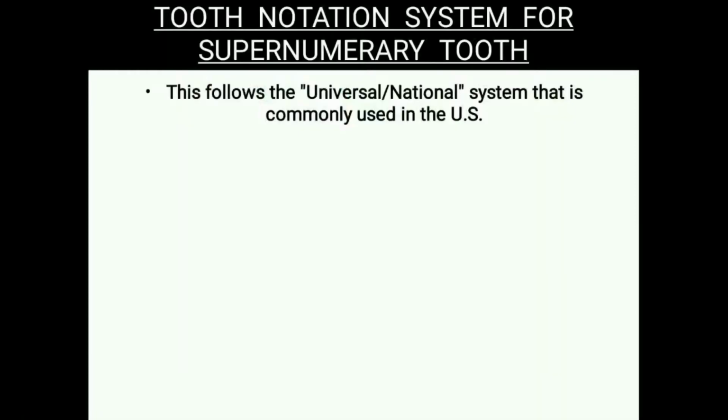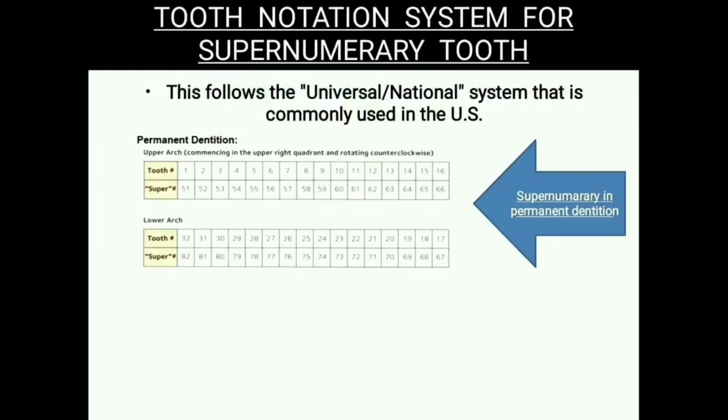Now what if we want to show supernumerary teeth in the universal numbering system? For permanent dentition, we can add number 50 to the adjacent tooth number. If we want to say there is a supernumerary tooth adjacent to the upper right third molar, we will add 50 to the number 1. It will make number 51.